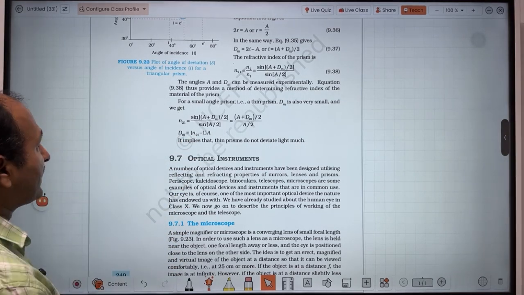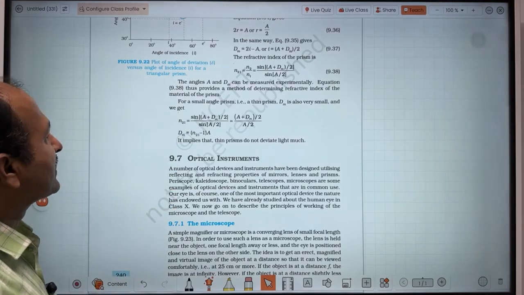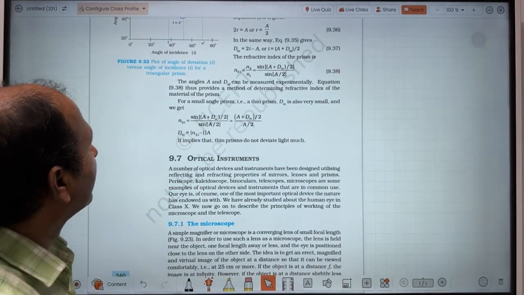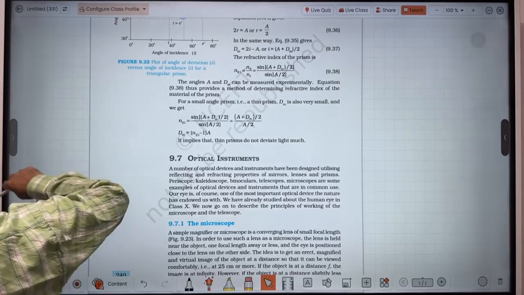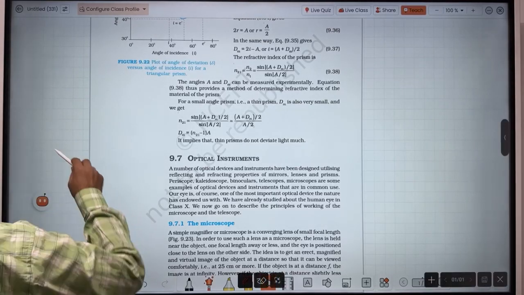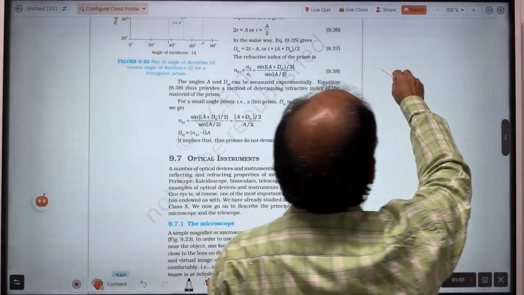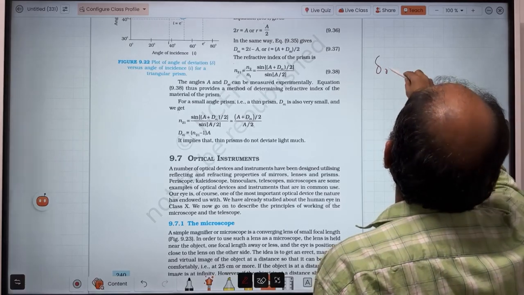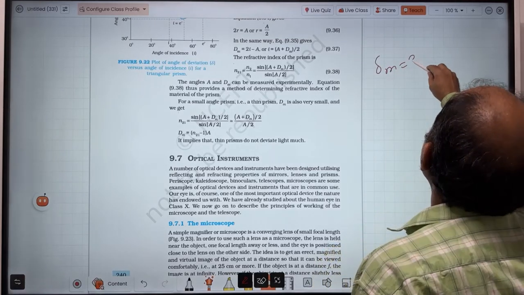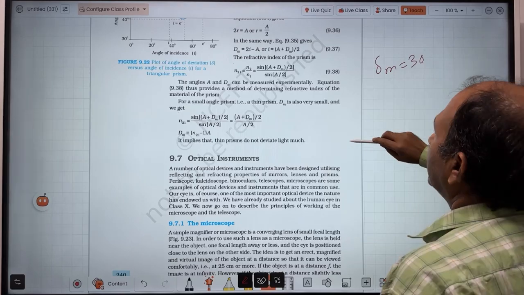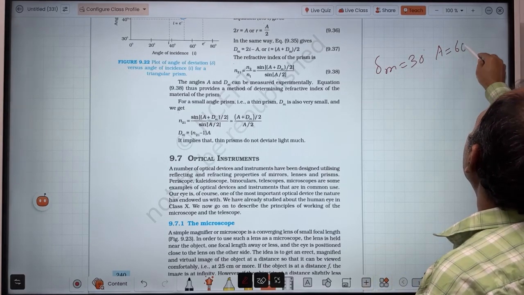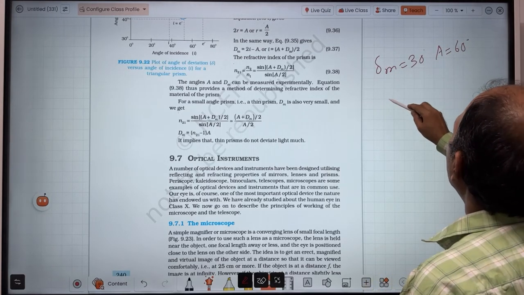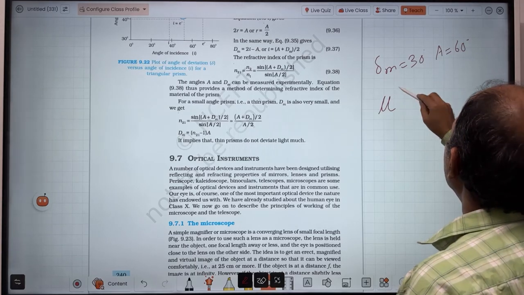We will see some numericals on it later on, or we can see a question now. Suppose delta M is given as 30 degree, and the prism angle A is 60 degree, and we have to find the refractive index mu.